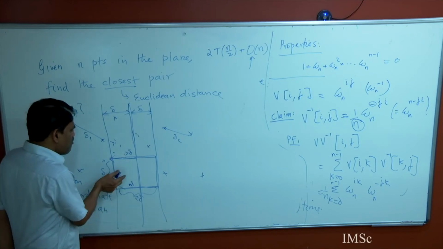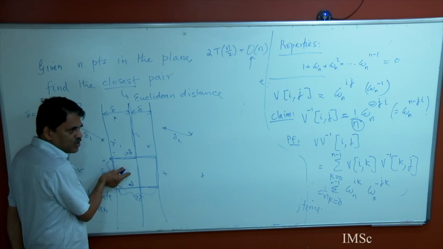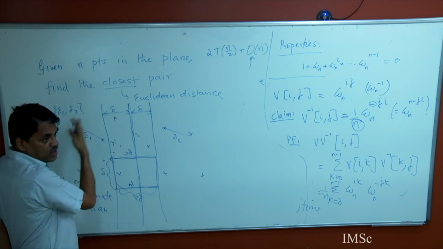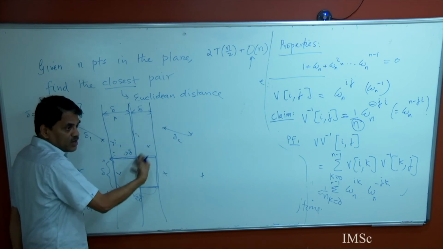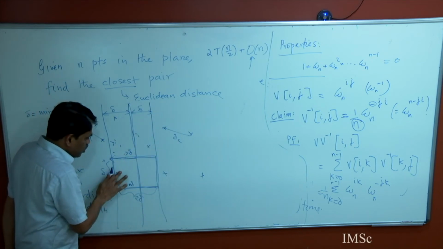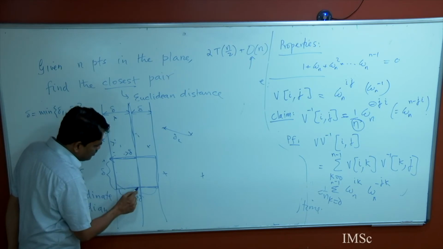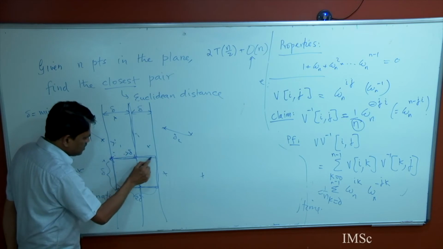But remember, everybody here has distance greater than or equal to delta, because the minimum distance here is delta 1. Similarly, everybody here has distance greater than or equal to delta. So the really bad case would be maybe somebody here, somebody here, somebody here.